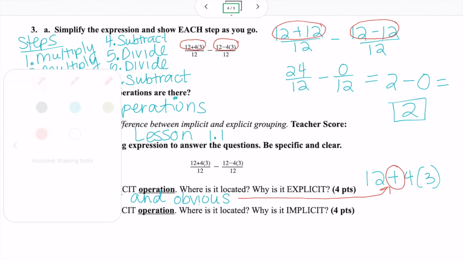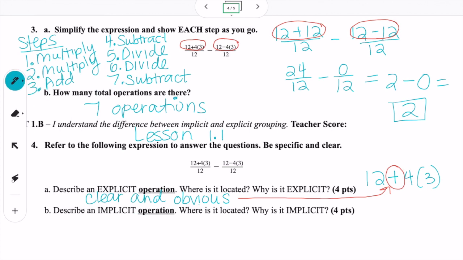Now, an implicit operation is not clear. It's implied. It's an operation that is not there. Maybe an invisible operation. It's a good way to think about it.